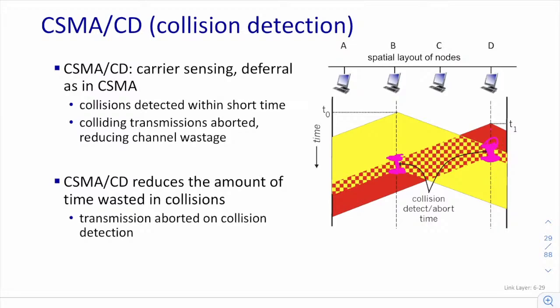We will introduce it later. So CSMA/CD reduces the amount of time wasted in collisions because the transmission is aborted on collision detection.